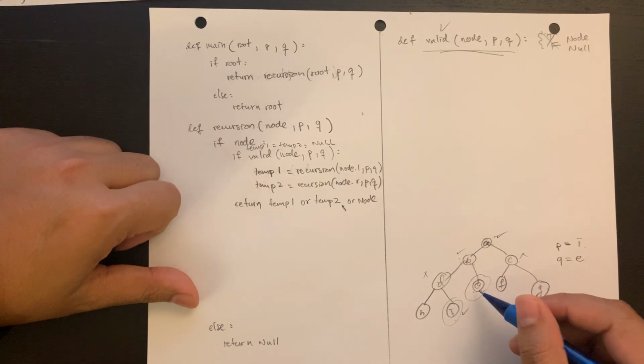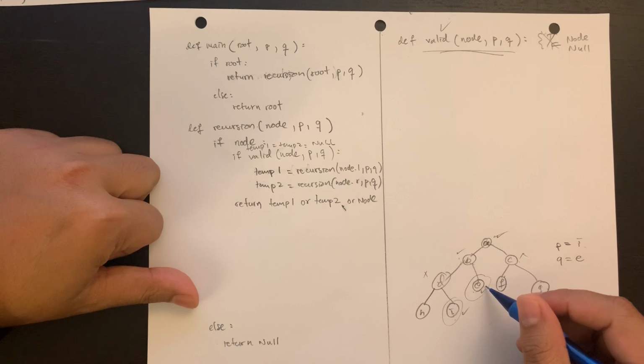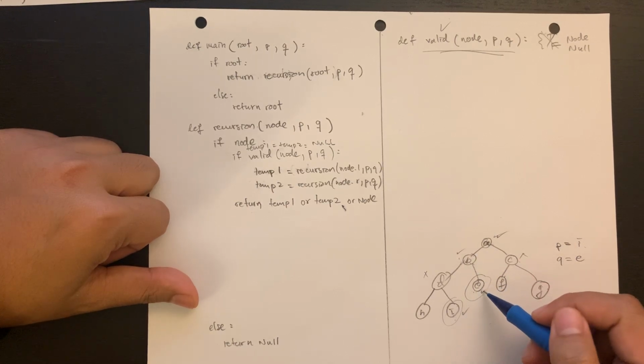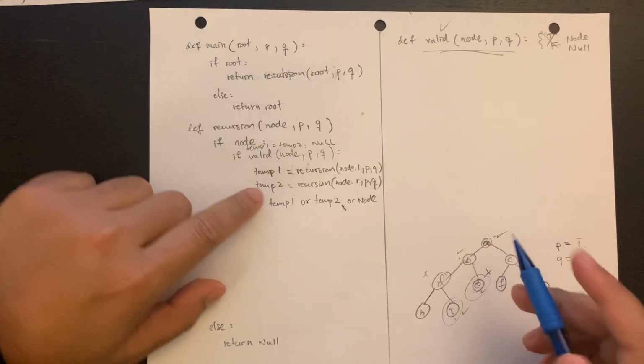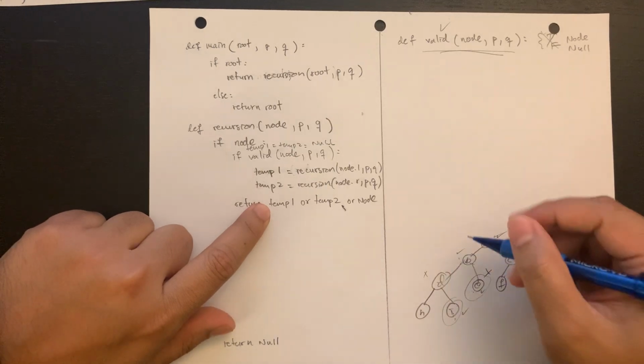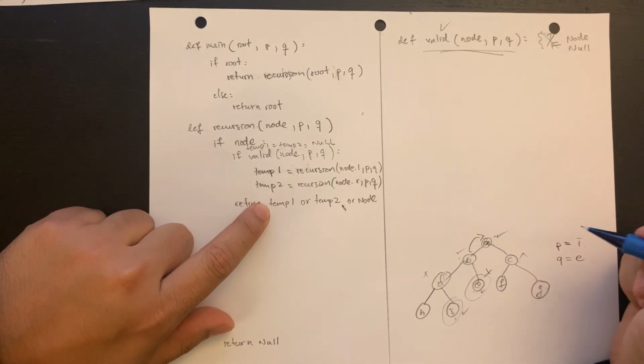It couldn't find I, so this is null. So both of these are null, and it will return just B to the top.